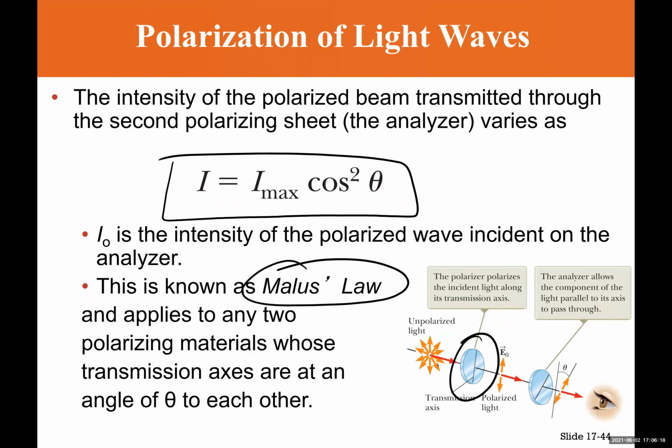This equation assumes that I max is the intensity before the particular analyzer. I don't use this equation for point 2 because I know that I2 equals 1/2 I1. That's for sure. Then I always use this for point 3, where I max is what I had at 2, times cosine squared theta.